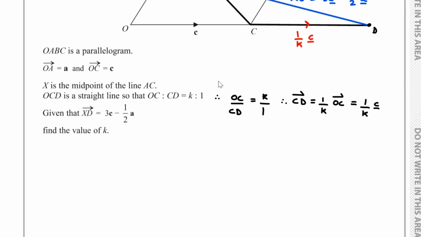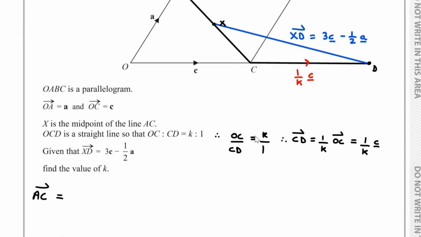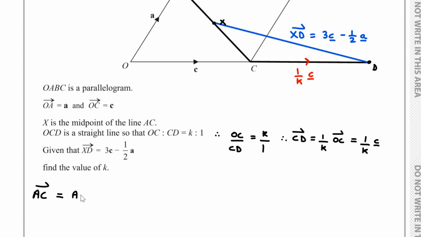So if we work out what AC is, starting at A, finishing at C, that will equal AO plus OC. So if I work this out, it turns out we get minus A plus C.